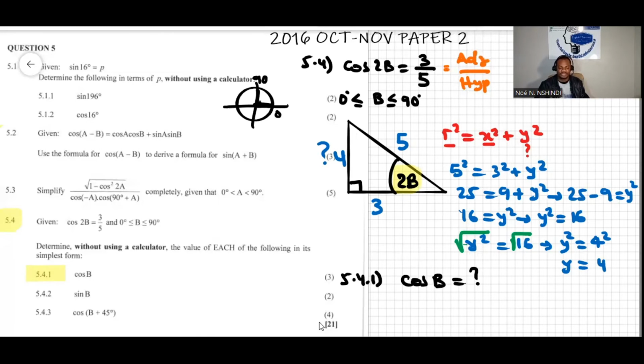Cos of B is still adjacent side over hypotenuse.